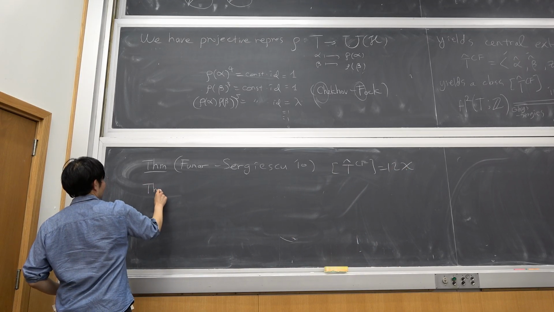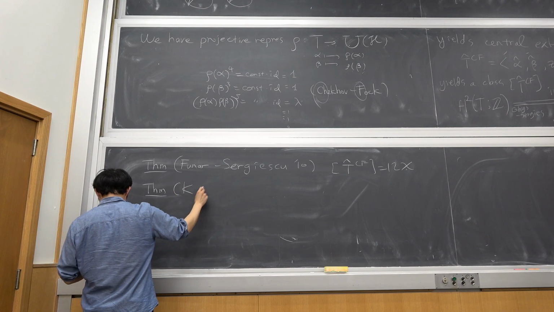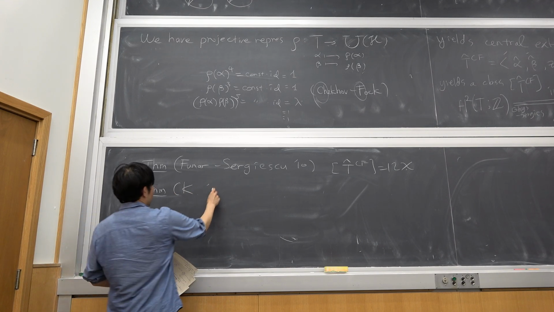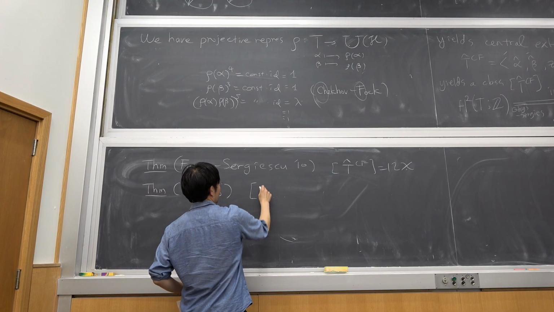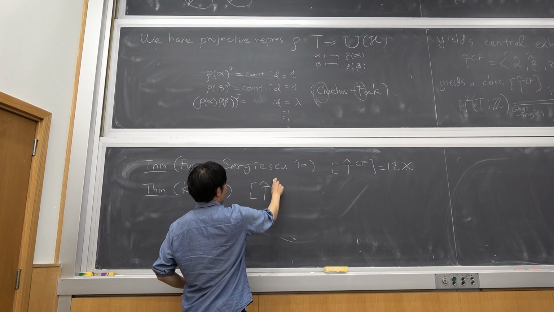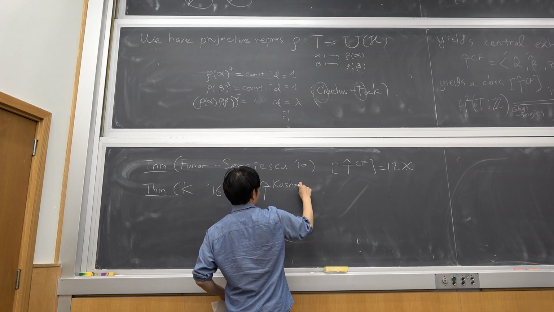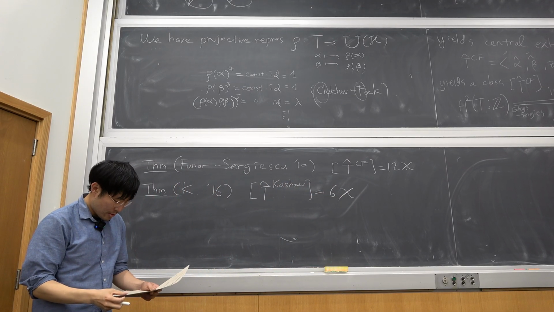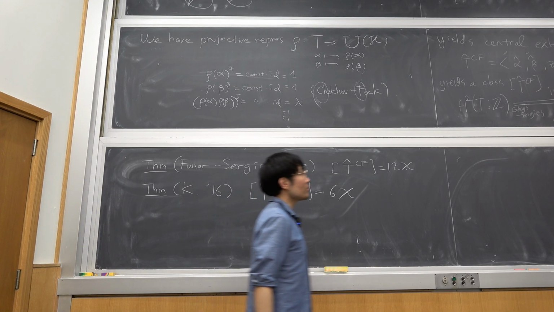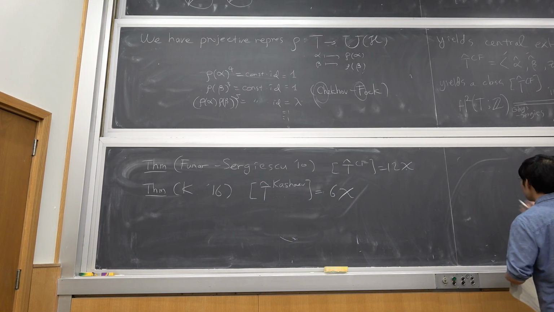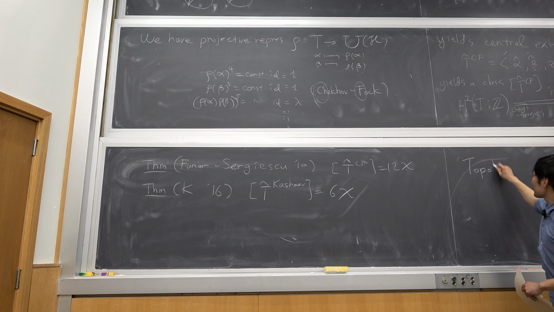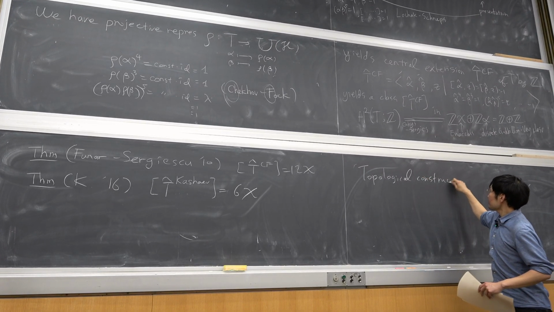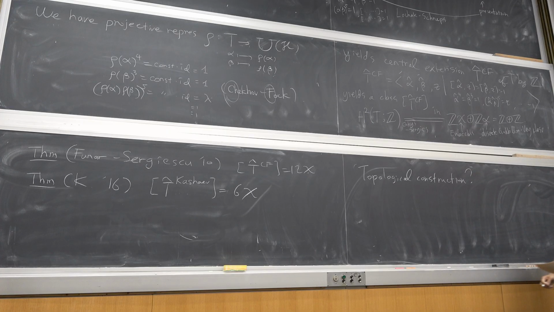And what I did is you do the same thing, but using the Kashaev quantum Teichmüller theory, you actually get a different thing, but not Godbillon. But before finishing, let me at least very briefly sketch a topological construction of the same central extension.